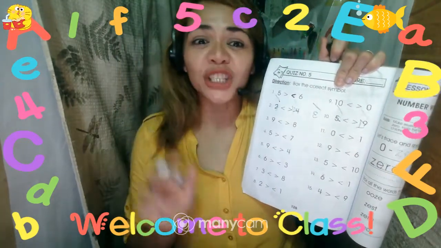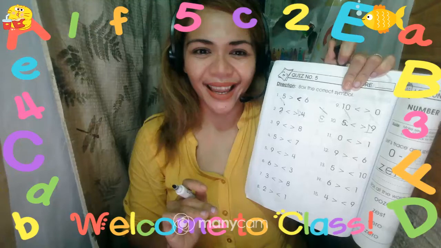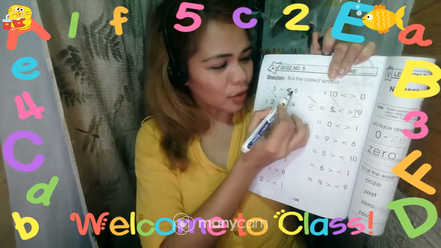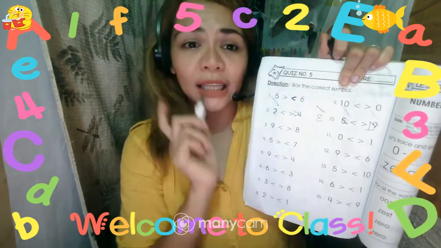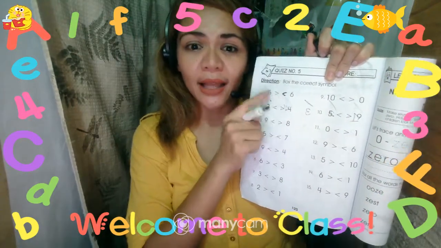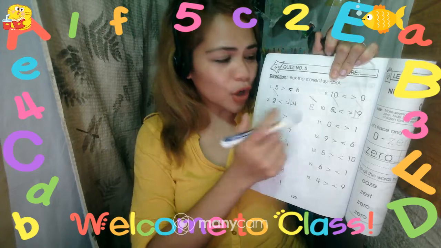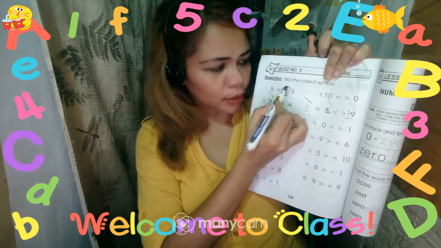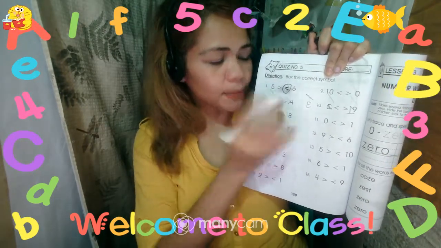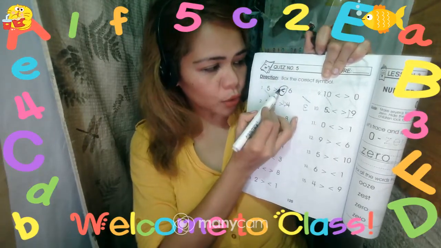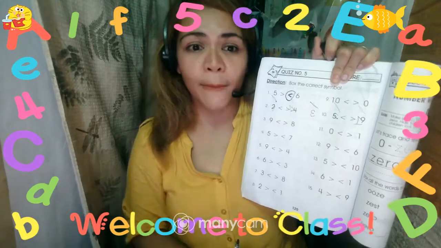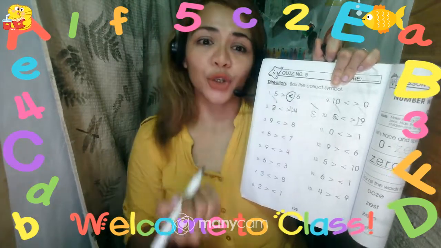Dapat nakatapat siya sa number na mas malaki. Okay? So the correct one, and dapat ito nasa dulo, nakatapat sa number na mas maliit. And that is 5, right? So you're going to circle this kasi ito yung tamang sagot. Kasi si bibig, nakatapat sa bigger number, and yung itong nakatusok na ito, nakatapat siya sa smaller number. So this is the correct answer.